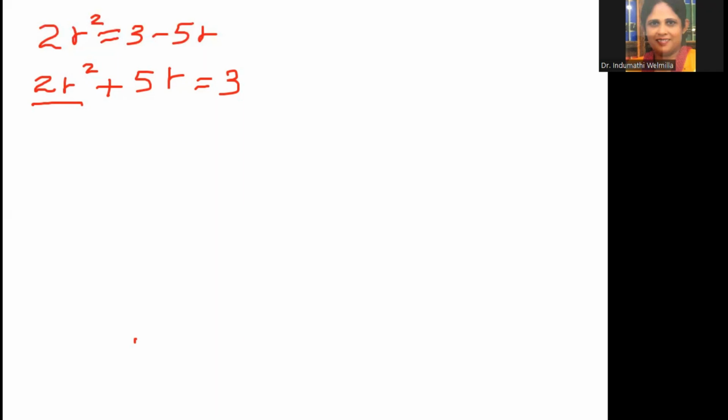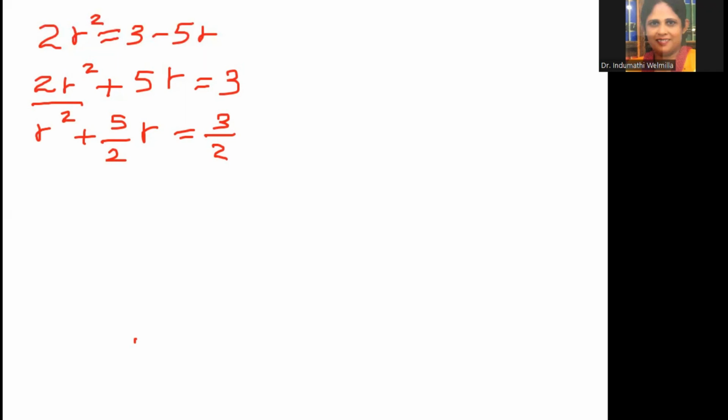When we divide by 2, this becomes r squared plus 5 divided by 2 r equals 3 divided by 2. In here, when we divide the first term by 2, the 2 cancels, remaining r squared.